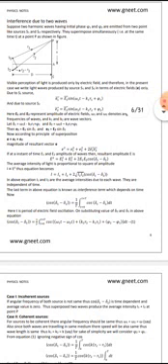They are given, and E is equal to E1 plus E2 we have to take.